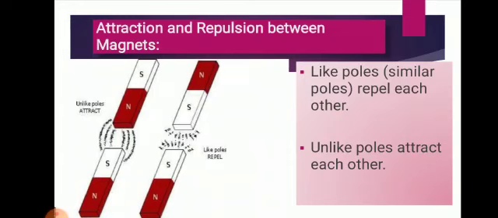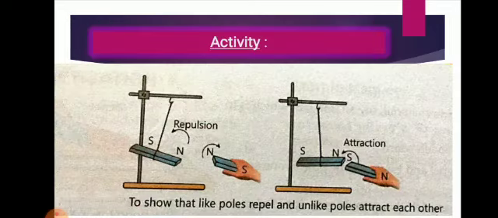We will now describe an activity to show that like magnetic poles repel and unlike magnetic poles attract. See this activity. For this, take a bar magnet and suspend it freely from a stand. Now bring the north pole of a second bar magnet near the north pole of the suspended magnet. What do you observe?